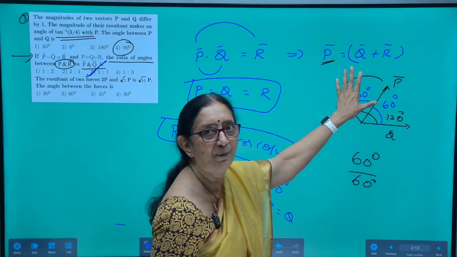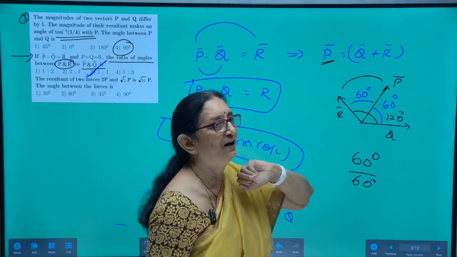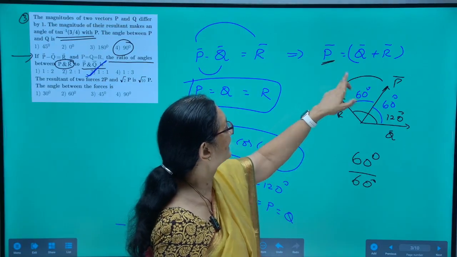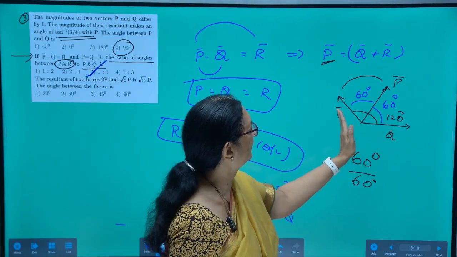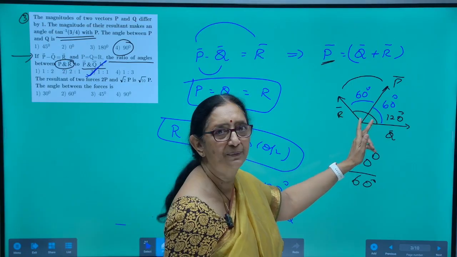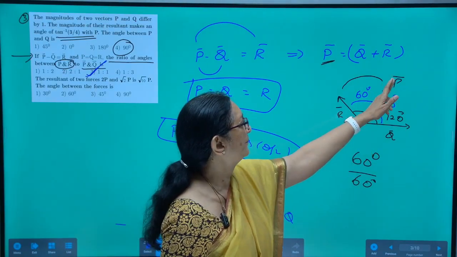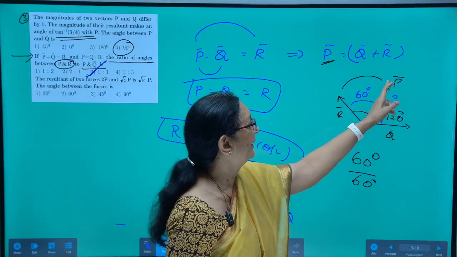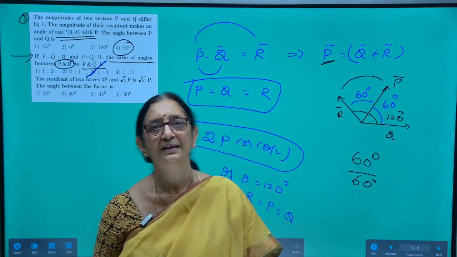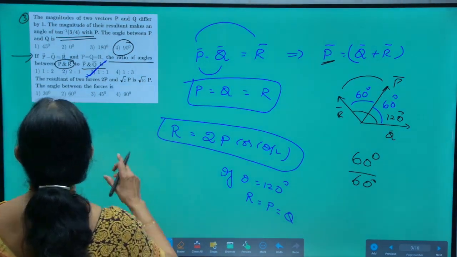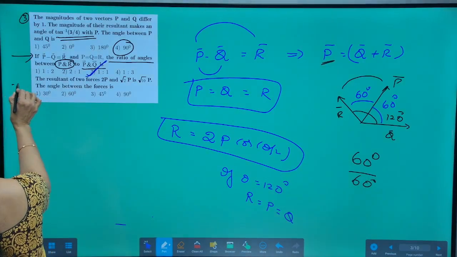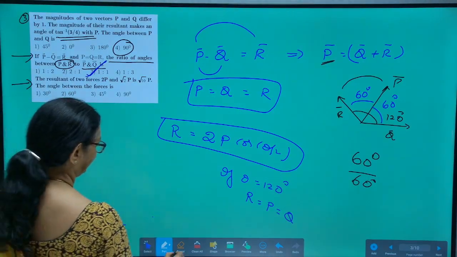This is the most important thing. If all three are of equal magnitude, the resultant exactly lies in between them. So, this is Q bar, this is R bar, the angle between them has to be 120. So, the P bar R bar angle is 60, the P bar Q bar angle is 60. So, the ratio is 1:1, right.